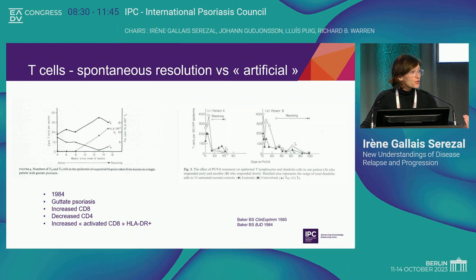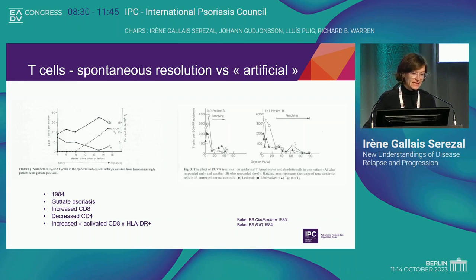We often talk about treated psoriasis, but it might not be the most useful model to identify what makes the resolved skin stay resolved. Here in that paper, from '84, they had guttate psoriasis, which is a self-healing form of psoriasis, and they looked through 16 weeks from active lesion to the resolved lesion.